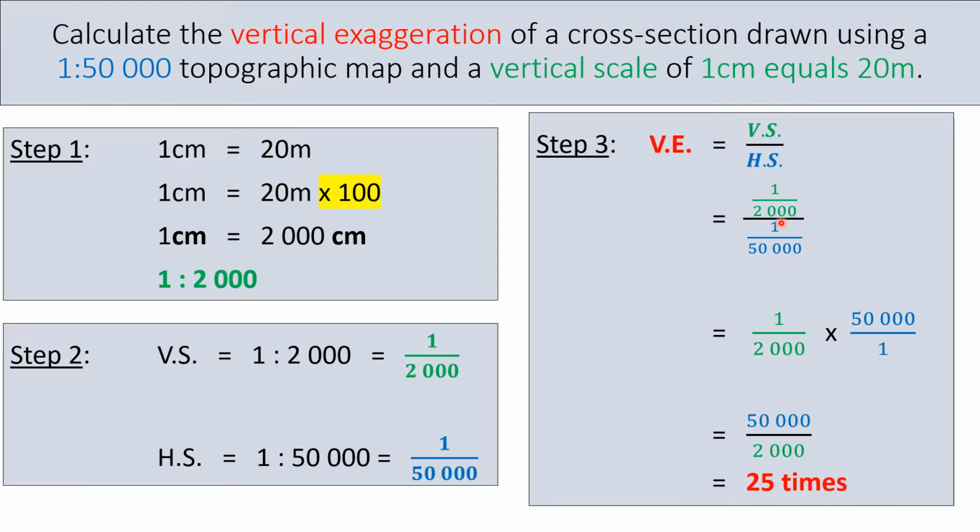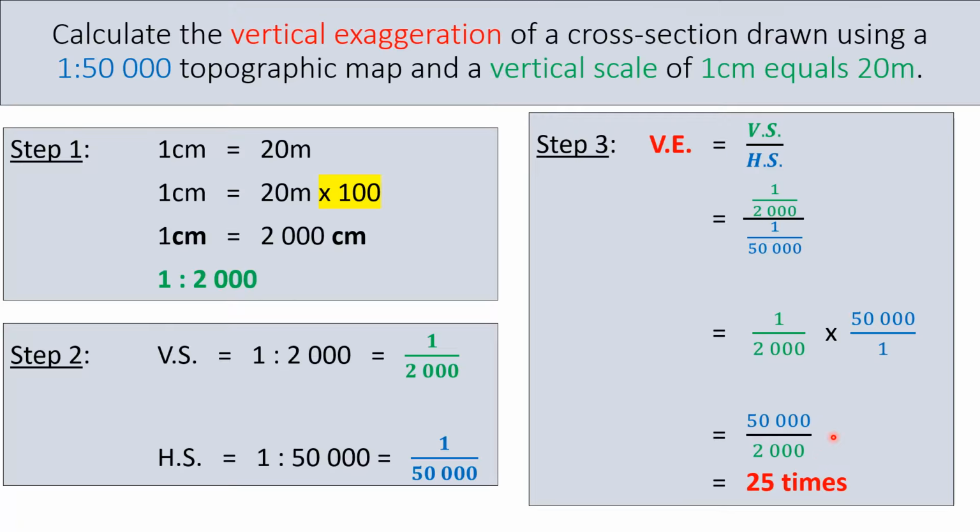The value at the top, which is the 1 is to 2000, is written first. We then change from division to multiplication. The fraction at the bottom, you're going to invert, so 1 is to 50,000 becomes 50,000 over 1. If we then multiply across the top, 1 times 50,000 is going to give you 50,000, and 2,000 times 1 is going to give you 2,000.